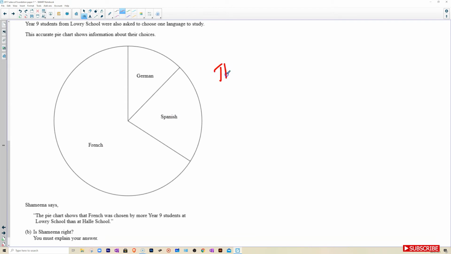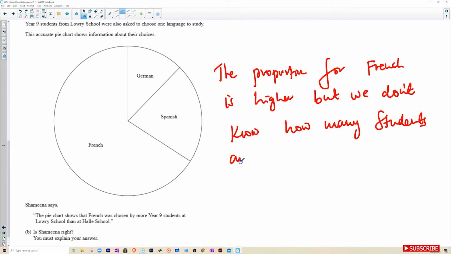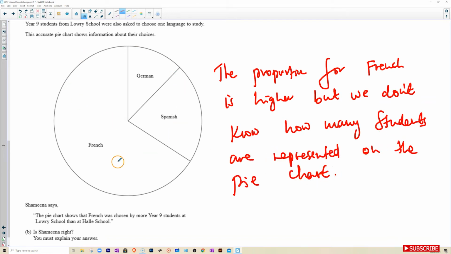So the proportion for French is higher, but we don't know how many students are represented on the pie chart. I mean, the whole pie chart could be representing only 10 students. So we don't know how many students are represented here, and therefore we can't conclude that that is the case.